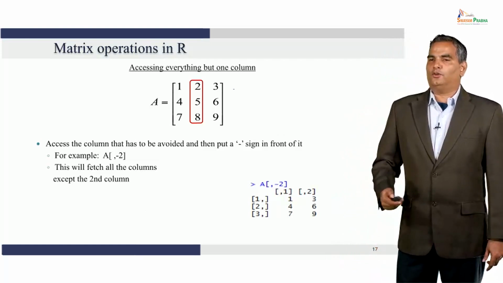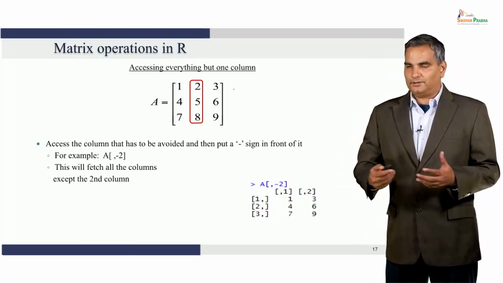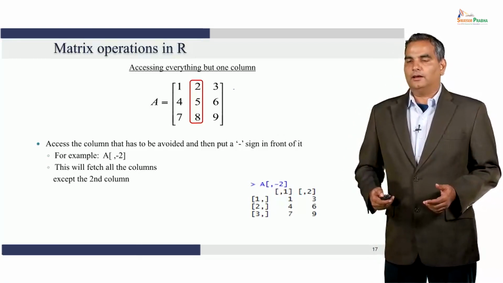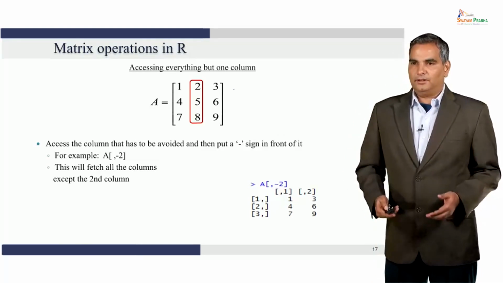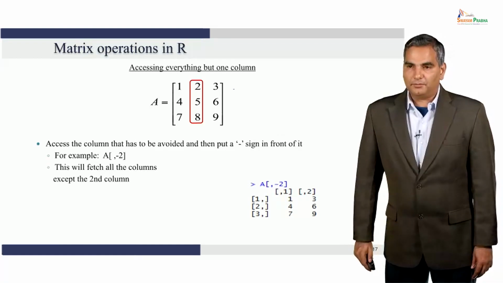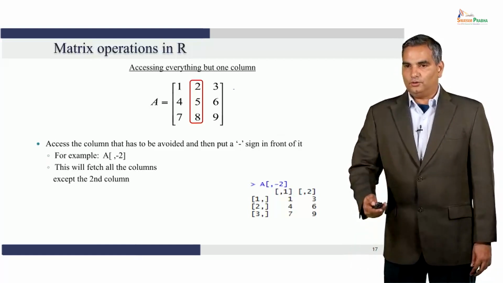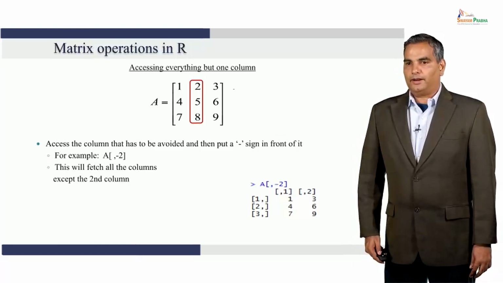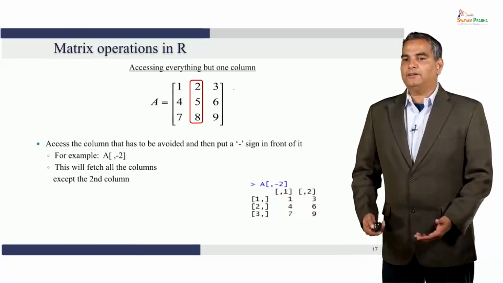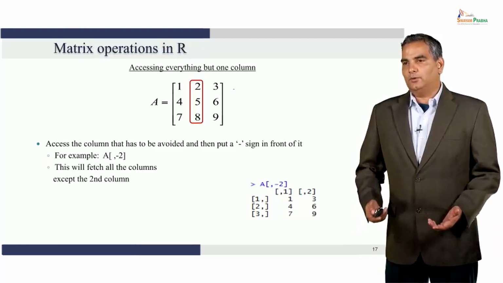Now there are also interesting ways in which you can pick subsets of the matrix in R. For example, if you take the same matrix again and you are interested in everything in the matrix other than the second column, what you do is you use this command A square bracket all rows, -2. Basically what you're saying is in what you're retrieving, just leave out the second column.